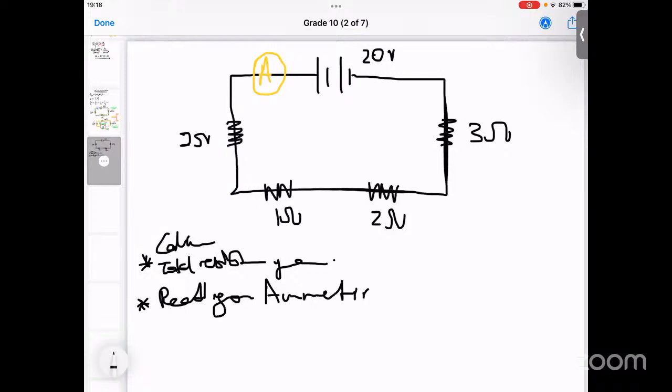It's like now they want to know the amount of current that is passing through that ammeter. So when they say calculate the total resistance, or they can say the external resistance, it doesn't really matter much. The external resistance or the total resistance.